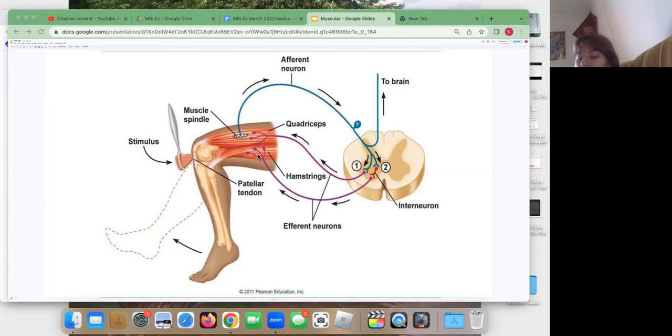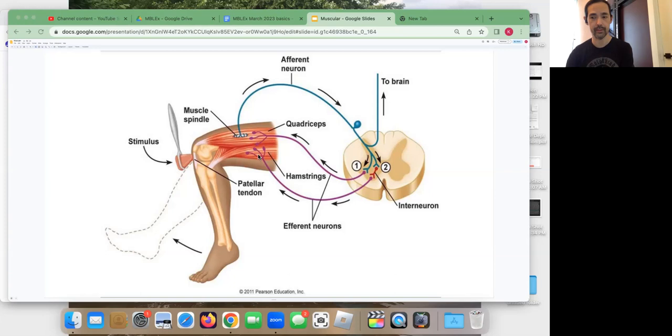Can you go over that antagonist and agonist again? Yes, yes. I'll do it here, and then I'll do it in one other place. So you have the rectus femoris, right? Touch your rectus femoris. It's right in the middle of the front of the thigh, and that forms the patellar tendon. When the patellar tendon is pressed or tapped or stretched, there is a sensory impulse sent by the intrafusal muscle spindle fibers through their neurons to the nervous system.